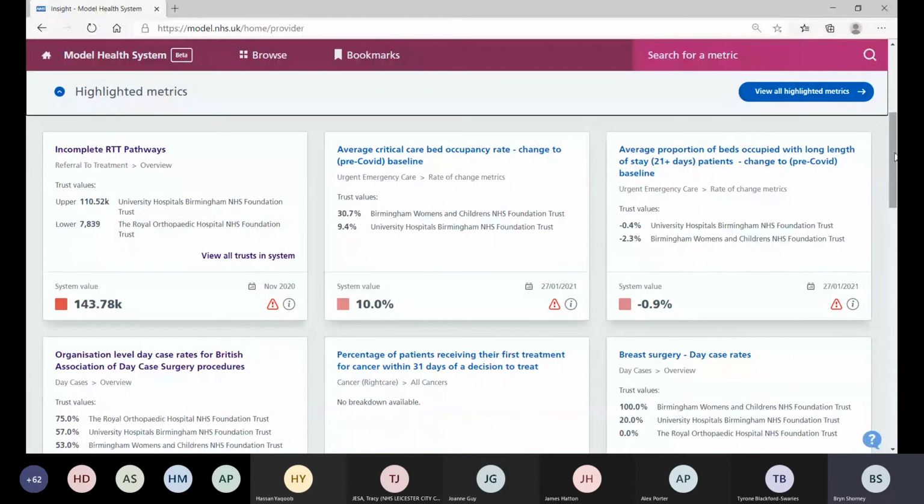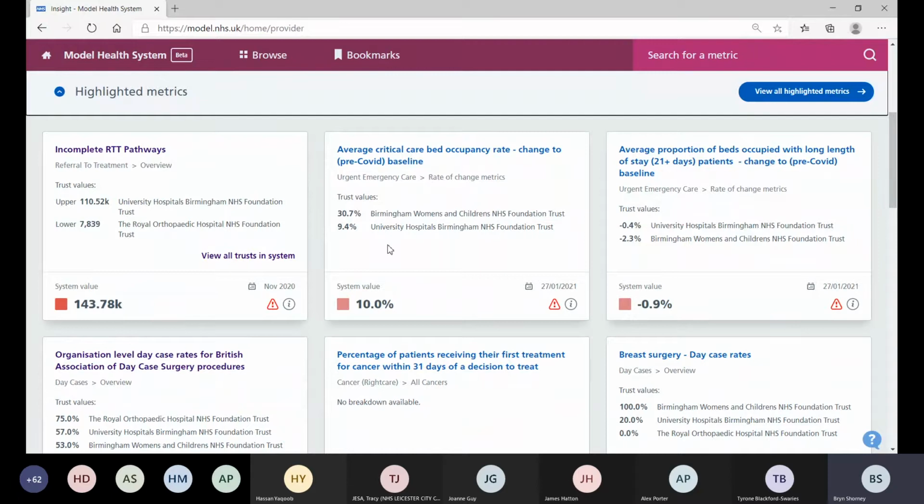In a similar way to the opportunities, this is just trying to highlight some of the areas that might be most important for you in a system to view, and these are indicators which have been RAG rated, and where your system is coming out as having an opportunity to improve.